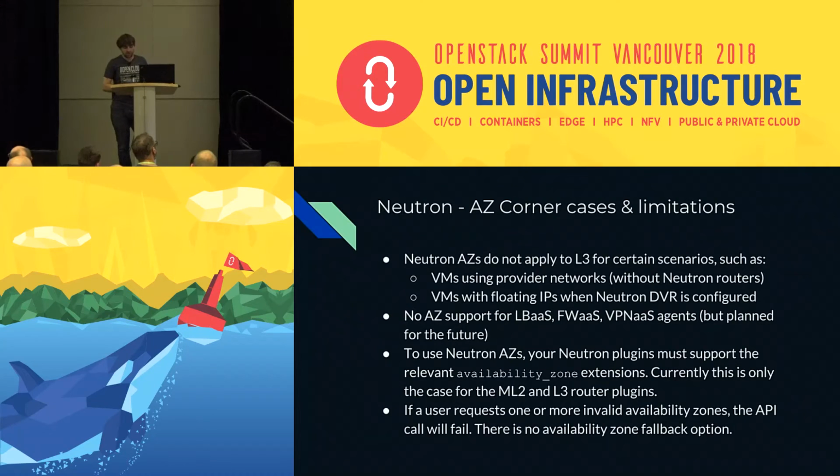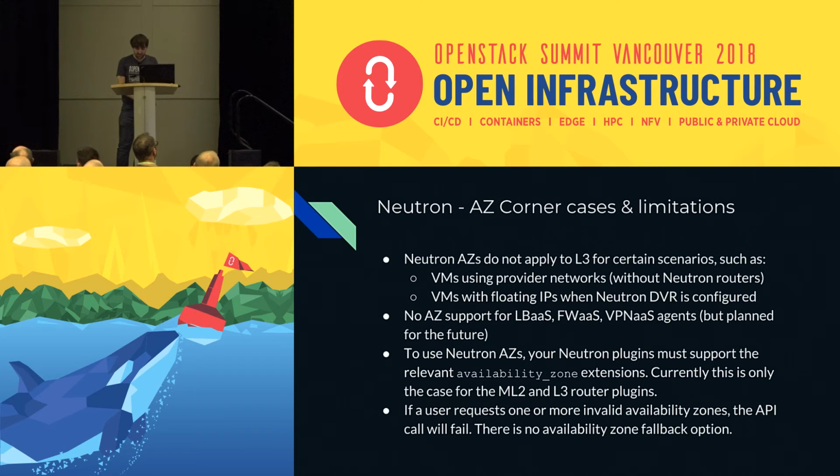A few notes on limitations. First, the L3 AZs are not going to apply for VMs that don't use the Neutron router, scenarios like provider networks and Neutron DVR with floating IPs. Also note that the AZ support does not yet exist for load balancing as a service, firewalls as a service, VPN as a service, but this is planned for the future, is my understanding.